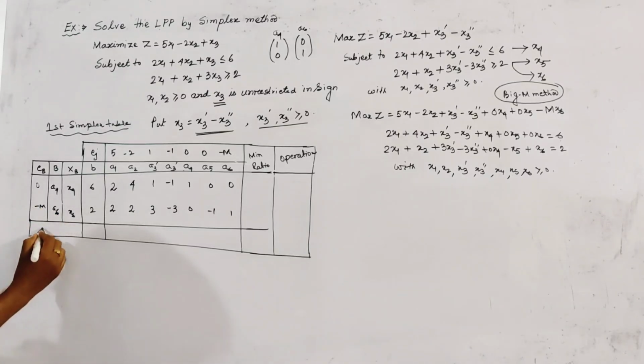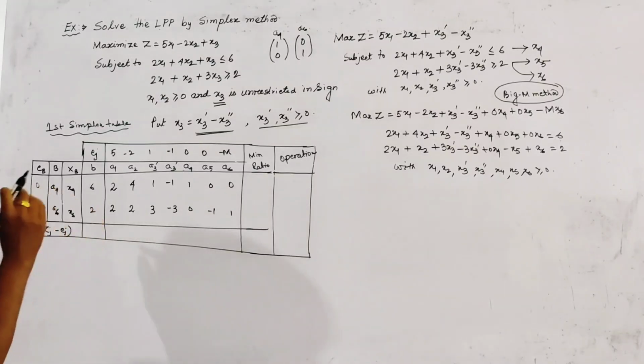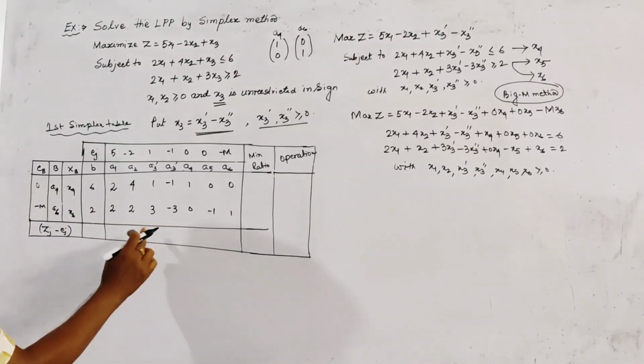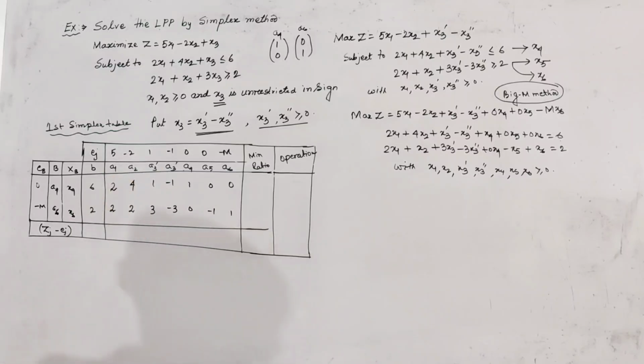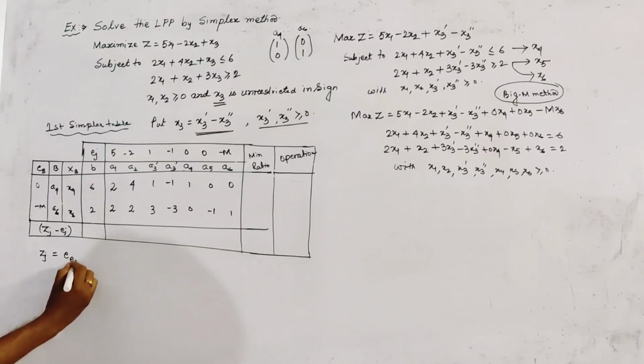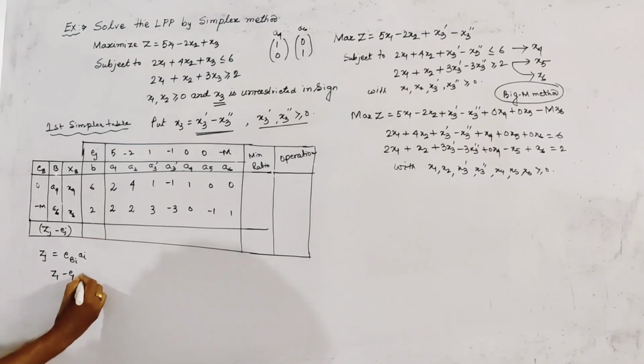And we write here Zj minus Cj. Okay. Now we calculate all the net evaluations. How to calculate net evaluation? We find Zj, this is given by CB into Ai. We give an example for calculating Z1 minus C1.